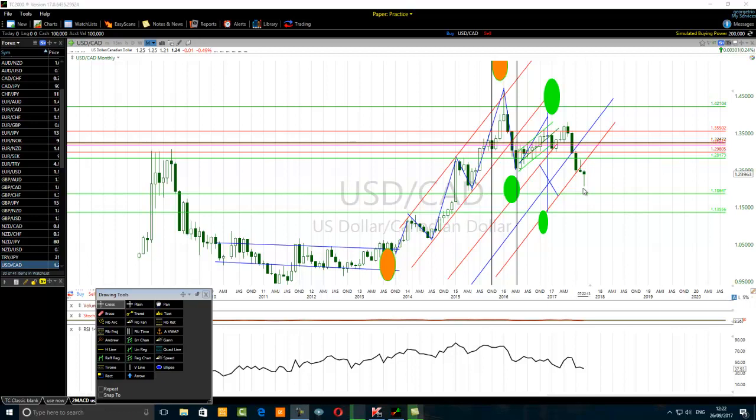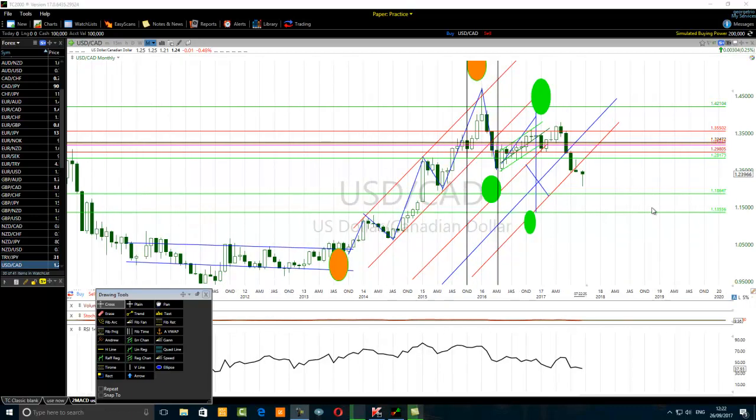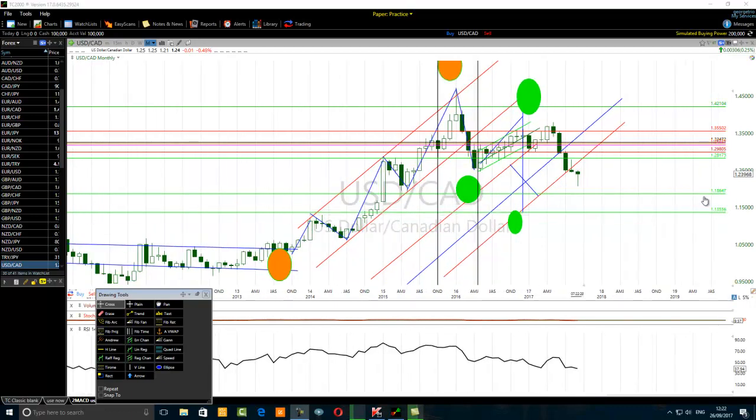Without confusing forex traders who do not yet master Elliott wave trading, all I will say in this tutorial is to pay attention to the level of 1.18647, that's the green line here.